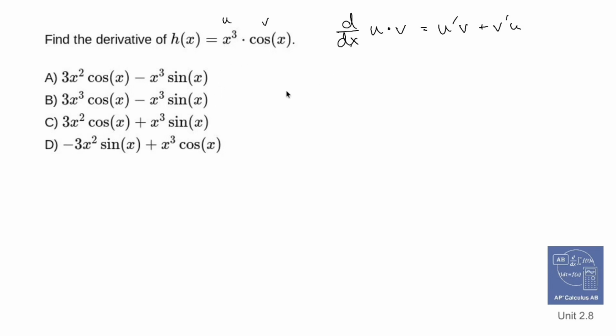Okay, so the derivative h prime of x is going to be the derivative of u. So here is u. The derivative of u, using the power rule applied to x cubed, is going to be 3x squared. And I'm going to multiply that to v as is, so cosine x remains cosine x.